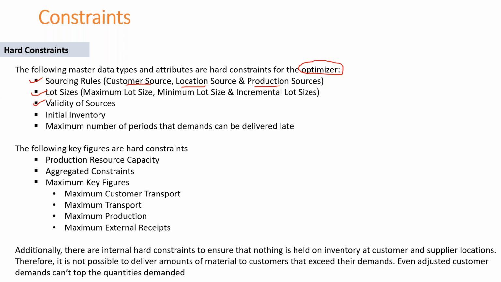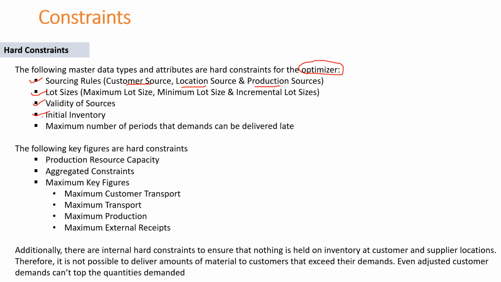So we have seen it here. If you say one source is not valid, then that's a hard constraint. So the system will not push a demand to that invalid source, and it will not come up with a supply from that invalid source. So there would be shortages, kind of a hard constraint.